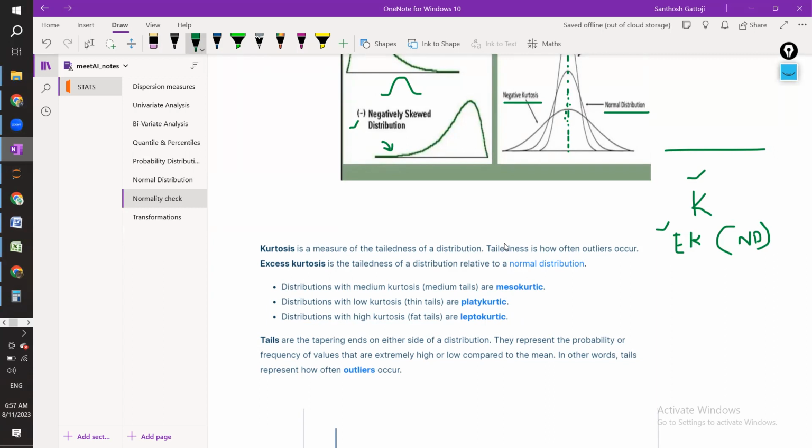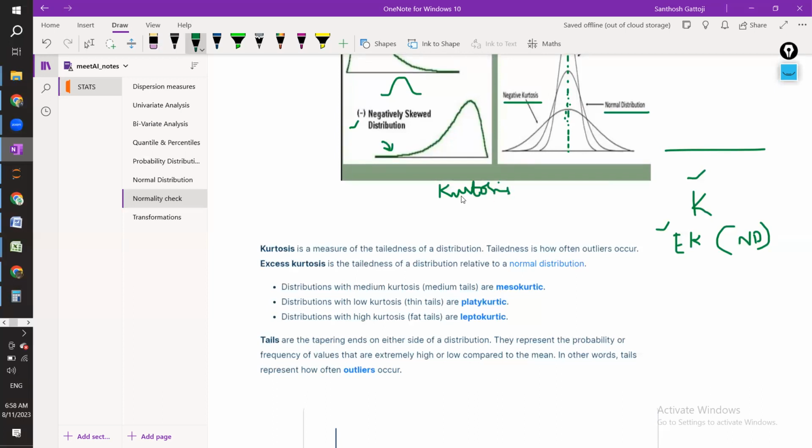The main point over here is that in kurtosis there are three types. One is called mesokurtosis, or mesokurtic. If I just give you an overview, let's say you're having kurtosis.